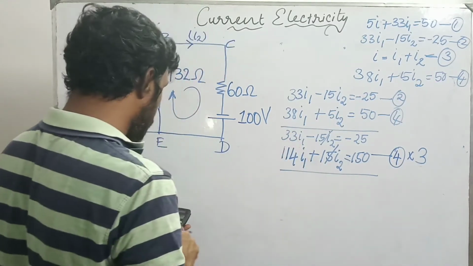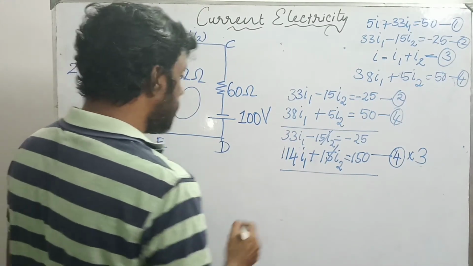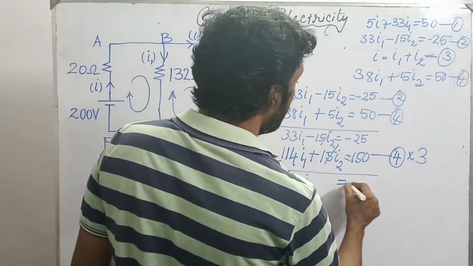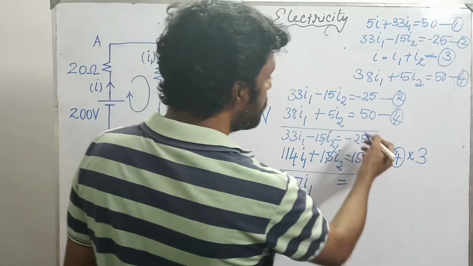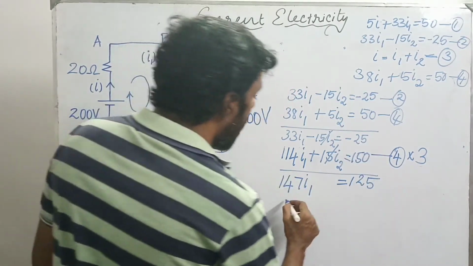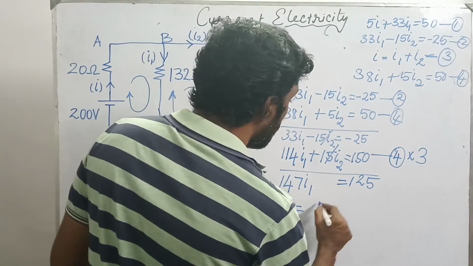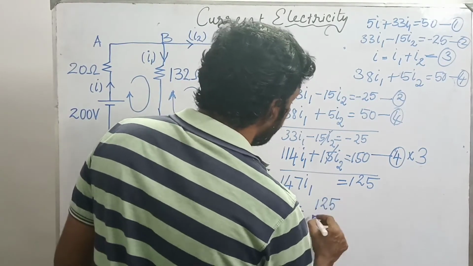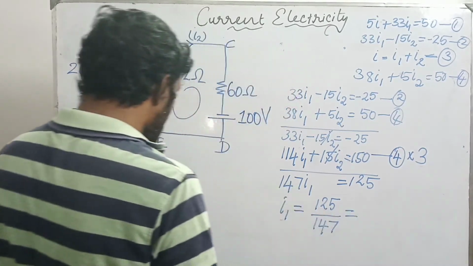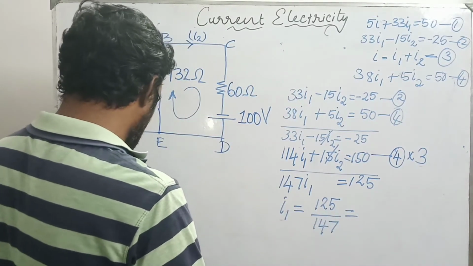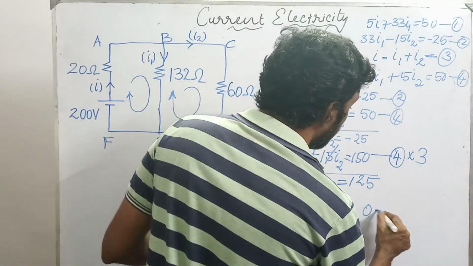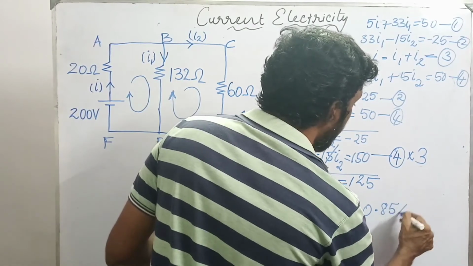So 114 plus 33 is 147I1, which is equal to 150 minus 25, that is 125. So I1 is 125 divided by 147, which is 0.85 ampere.